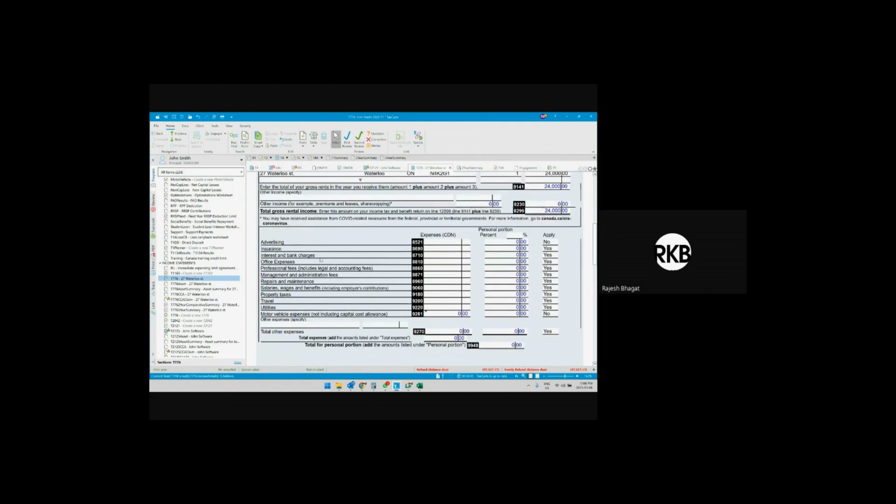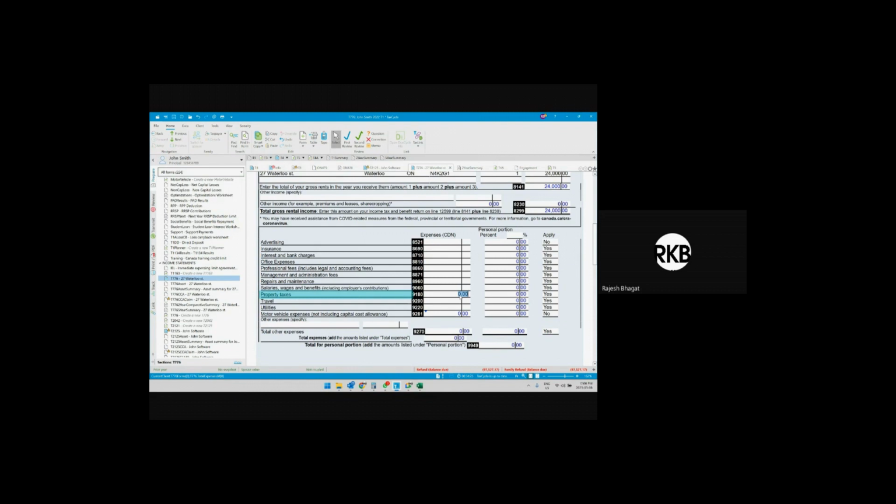Advertising, insurance, interest and bank charges, office expenses, professional fees, management and administration fees if you have a condominium, repairs and maintenance, salaries and wages, if you hire a person to manage your rental properties, which generally happens when you have more than 2, 3, 4, 5, 10 properties.